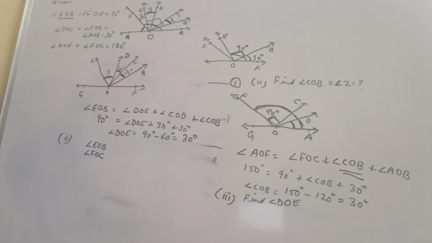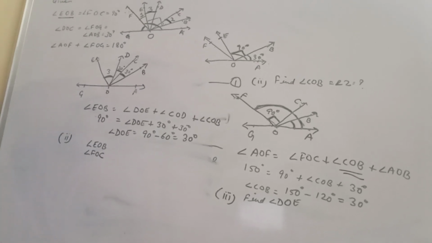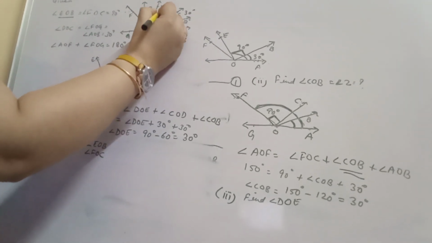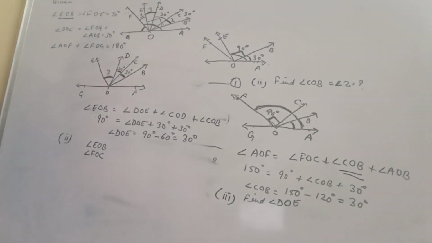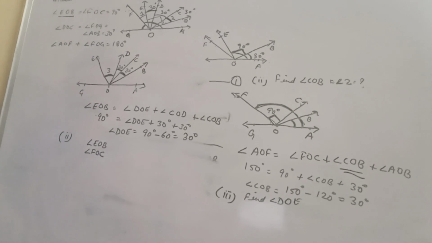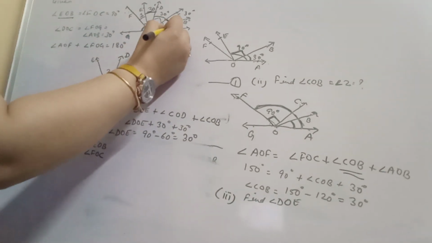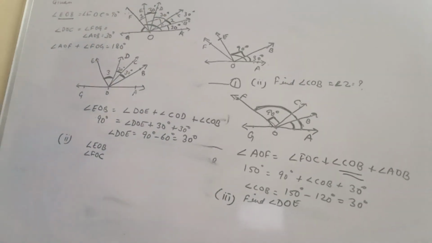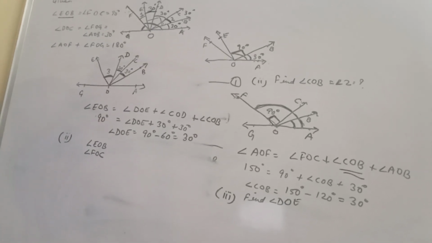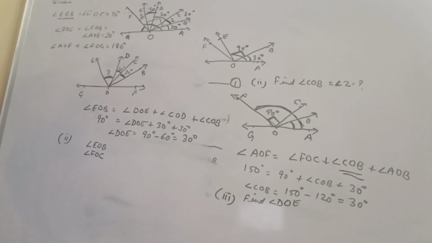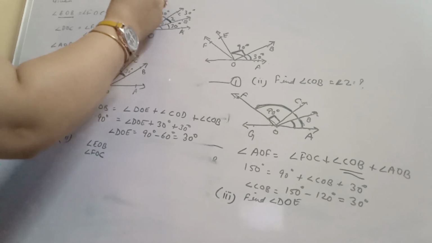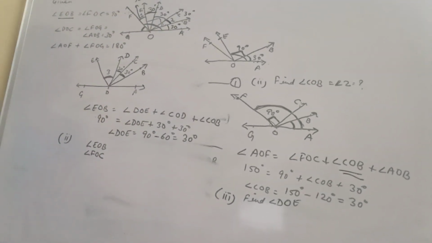Like COB is 30 degree, COD is also 30 degree, DOA is also 30 degree, and AOB is also 30 degree, and FOE was, I think, also 30 degree. So these many angles are 30 degree.